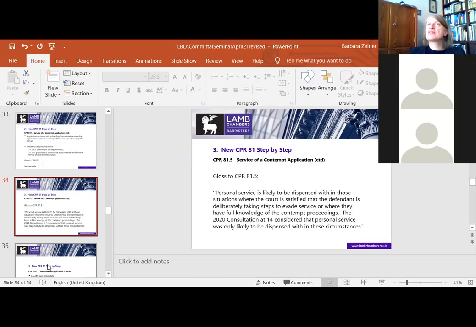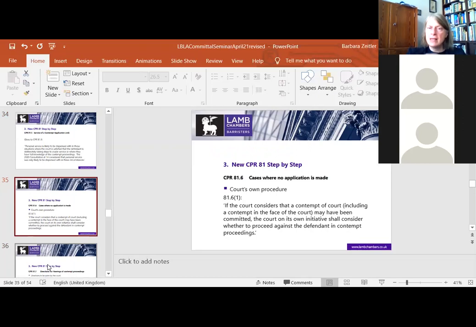In that case, we actually got permission to serve, I think it was by, if I remember rightly, affixing the application to the door of the property. But it is a very limited exception.